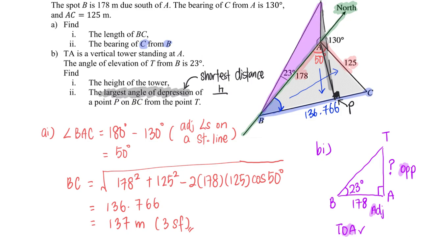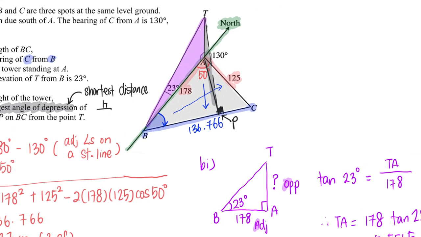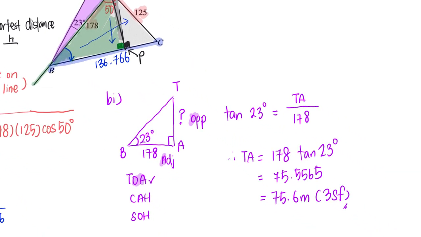But before that, step 1, I need to know what is the length of AP. Okay? So in order to find the length of AP, I'm going to tap on my green color right angle triangle here. Okay, this is also a right angle triangle. So I'm going to draw triangle ABP now.